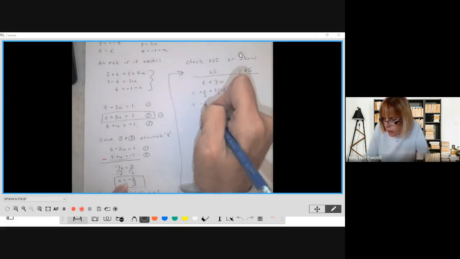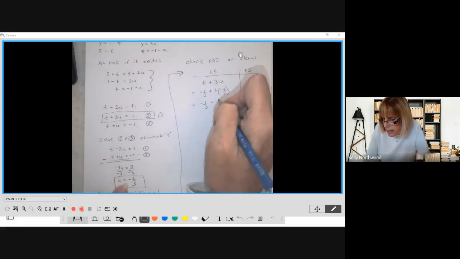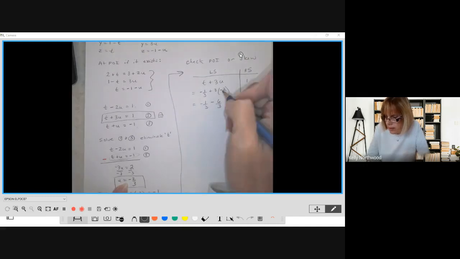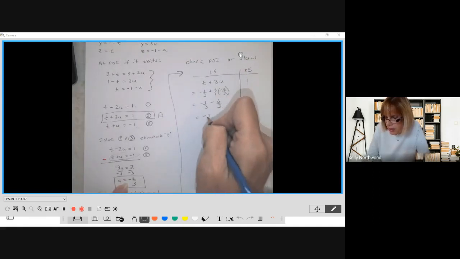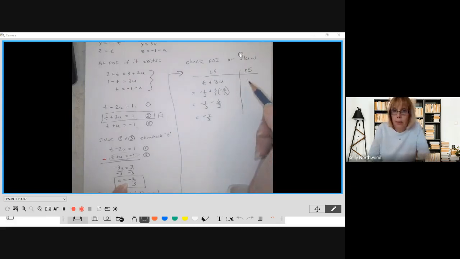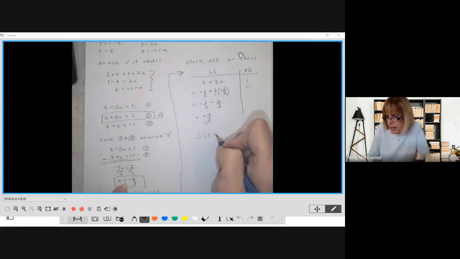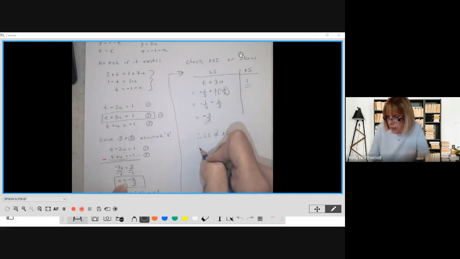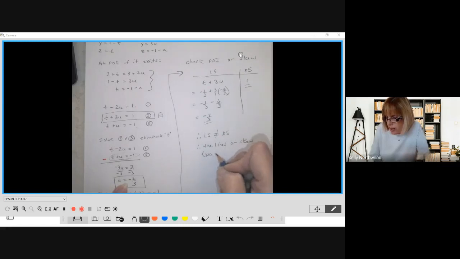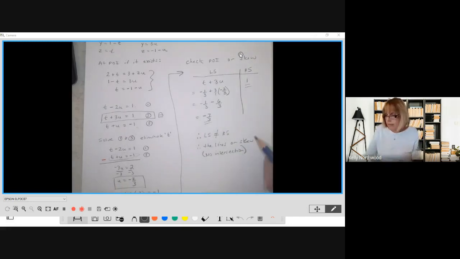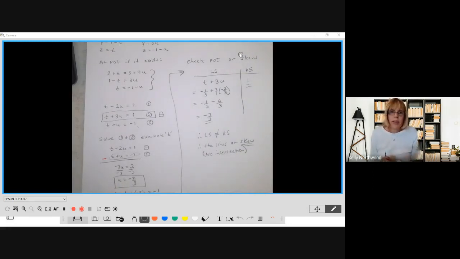So I've got -1/3 minus 6/3, which gives me -7/3, which is not +1, right? So then we say, therefore, left side does not equal right side. Therefore, the lines are skew. And just to be really careful here and show that you know skew means there's no intersection, we've got no intersection and the lines are skew.